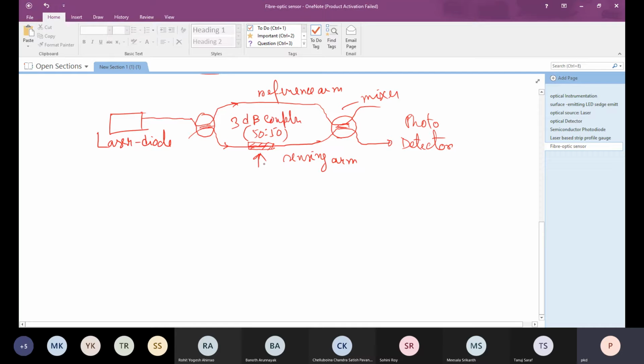Therefore, a very small magnetic field will be sufficient to give a perturbation through this. Now, this sensing arm material is magnetostrictive, like nickel.